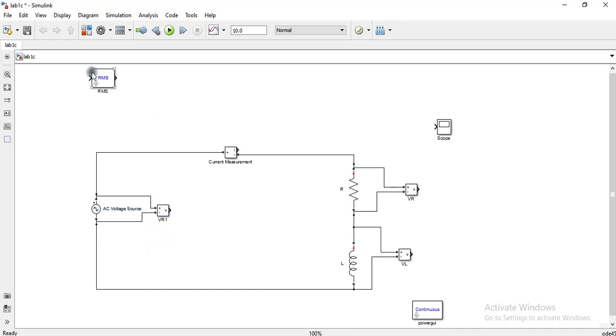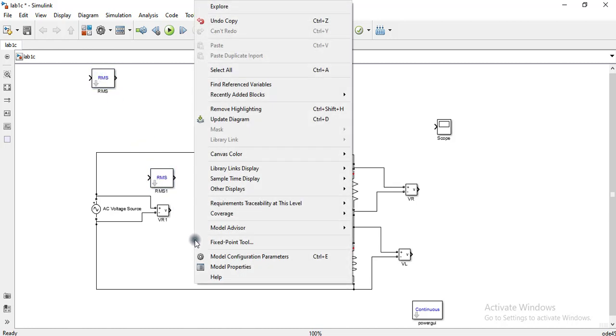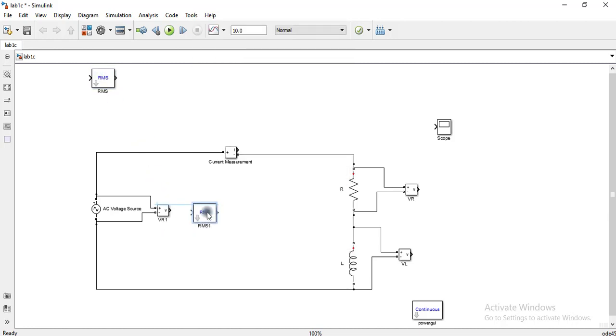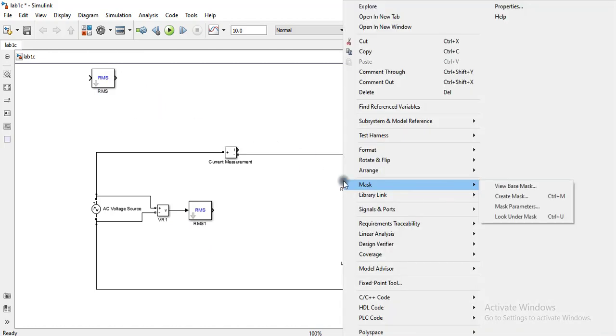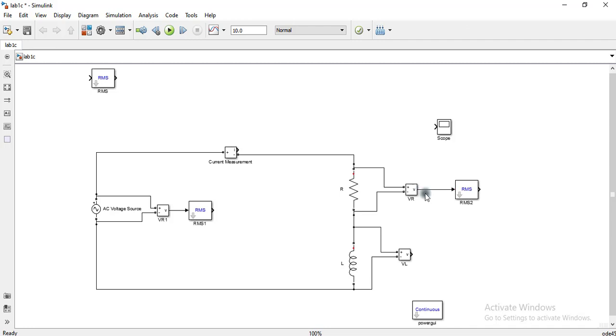Okay, now for source voltage, and then I want to get RMS values. Connect RMS block here. Also I need RMS current.